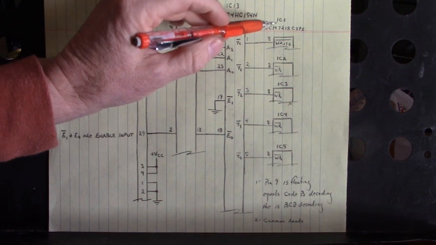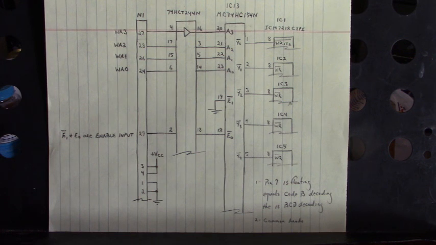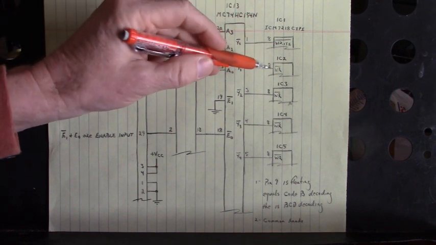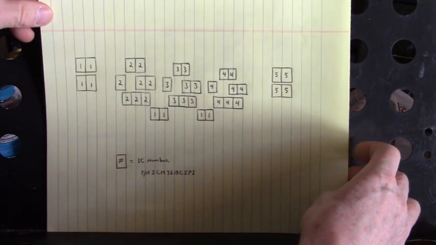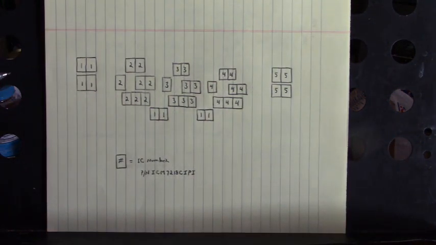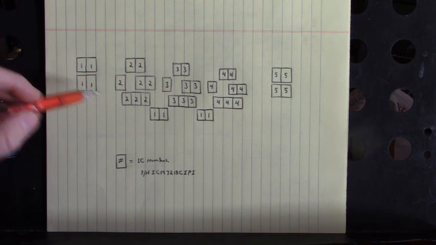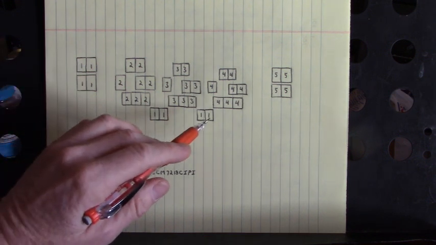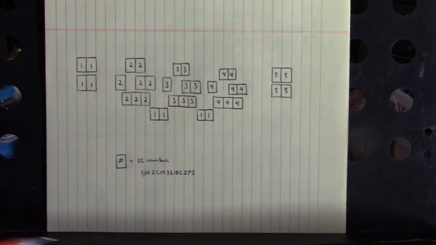And we have IC1 through IC5. Let me put this in here real quick. Here's IC1, IC2, IC3, IC4, and IC5. Now IC1, can y'all see that okay? IC1 controls this 7-segment display, this one, this one, this one, this one, this one, and this one, and this one. So we have 1, 2, 3, 4, 5, 6, 7 segments controlled by IC1.